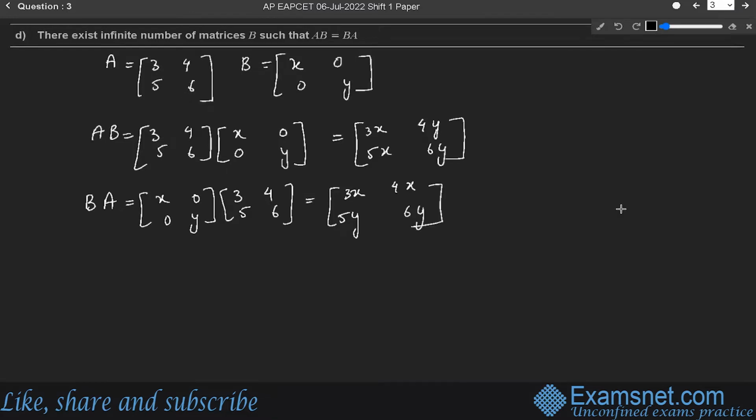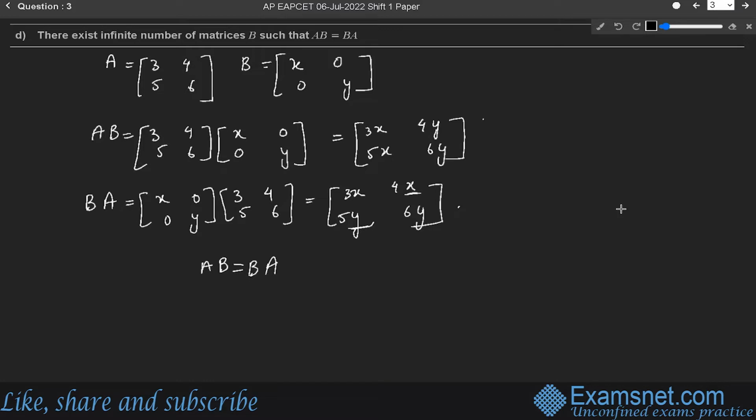Here you can see that AB can be equal to BA if matrix B has many different values. So there can be many matrices B for which AB is equal to BA, because only a slight change is there in the variables. If we change matrix B, or we have so many matrices B, then AB can be equal to BA.